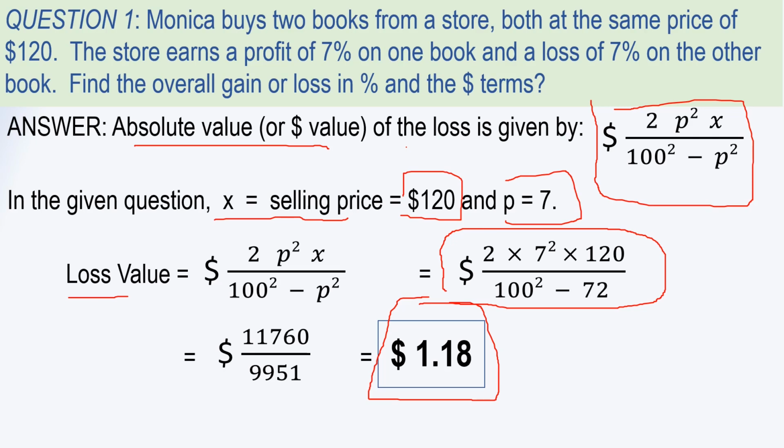Here we know that X is equal to the selling price, which is equal to $120, and P is equal to 7, and putting these values in the formula we get that loss in dollar terms is equal to 7 square multiplied by 120 divided by 100 square minus 7 square, and this gives us $1.18. So $1.18 is the total loss made by the store in this transaction.